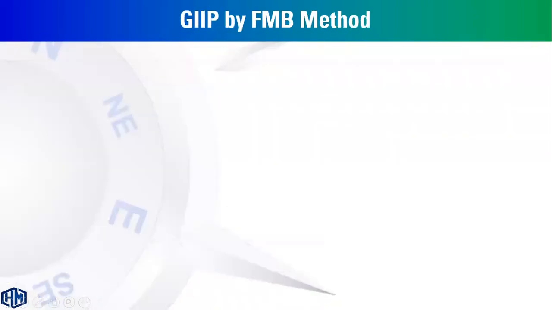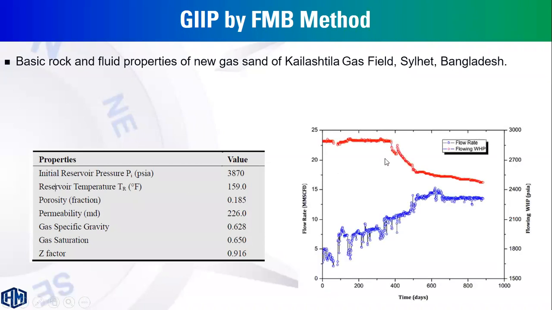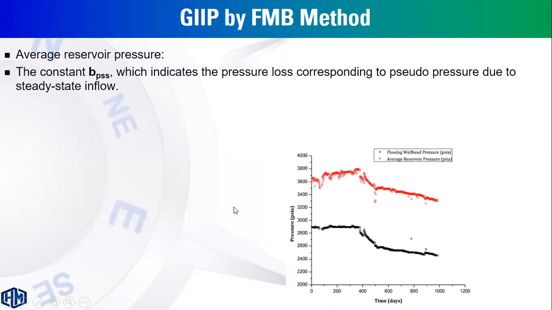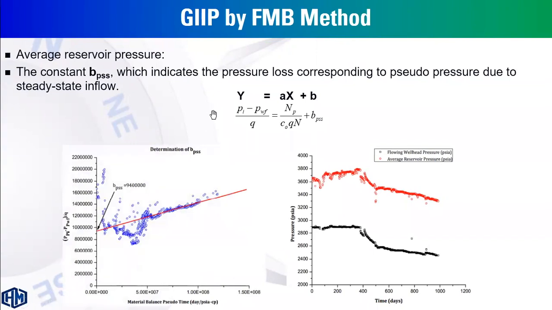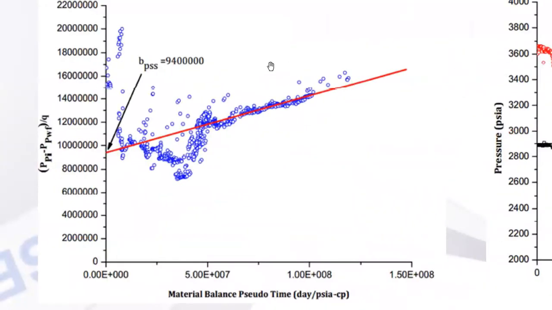Another example is a gas field, as you can see, with these reservoir properties. We have the flowing pressure and flow rate, and the identification of the pseudo-steady state, as mentioned, using this relationship. Once you have this part of the plot, we can extend this straight line to get the pseudo-steady state constant.